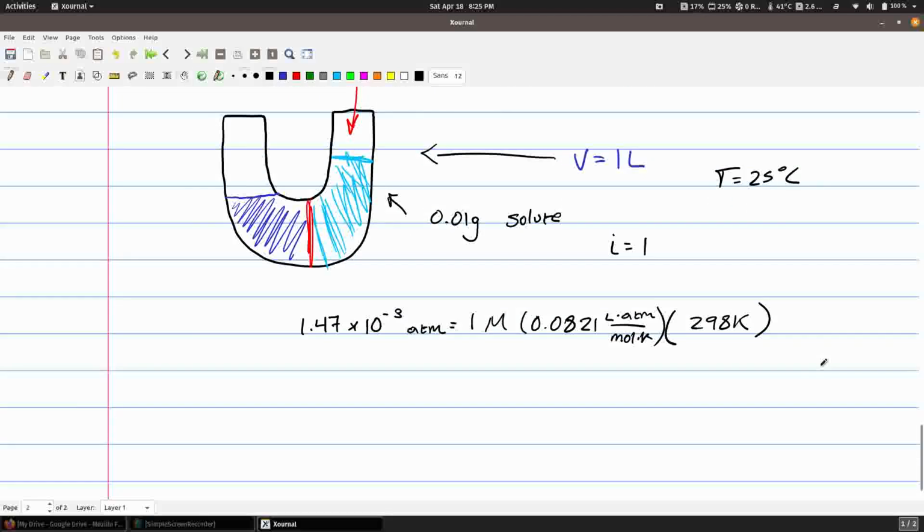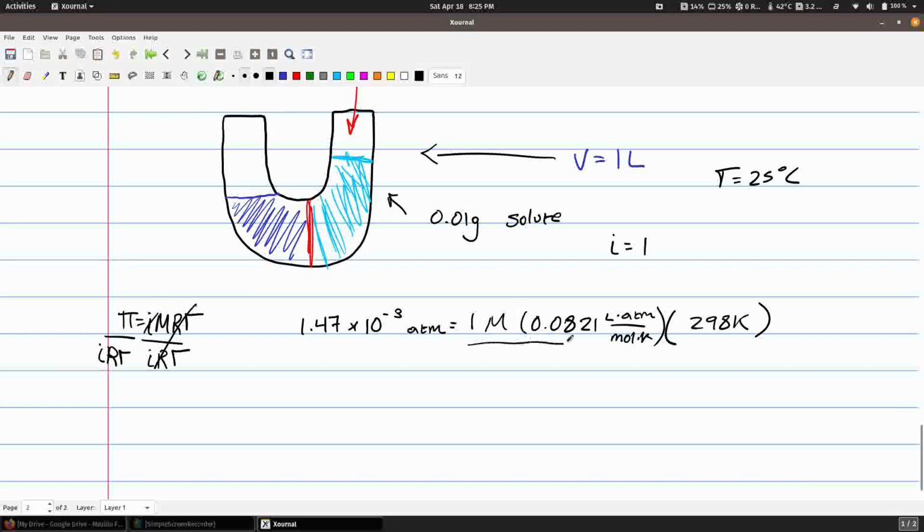So now we have to isolate the M. So say we have pi equals i, not lowercase m, RT. We just divide out iRT on both sides. And then we're going to be left with M.